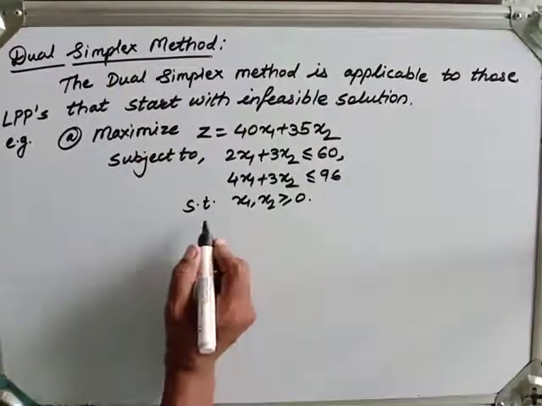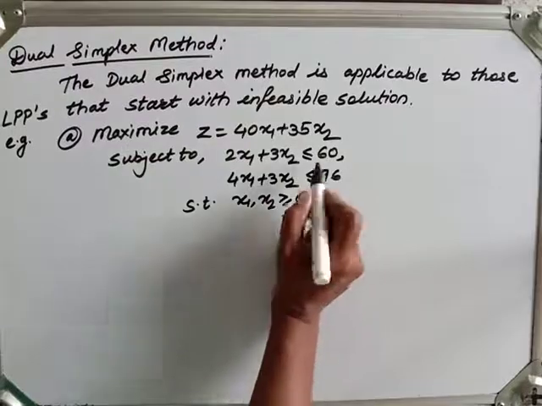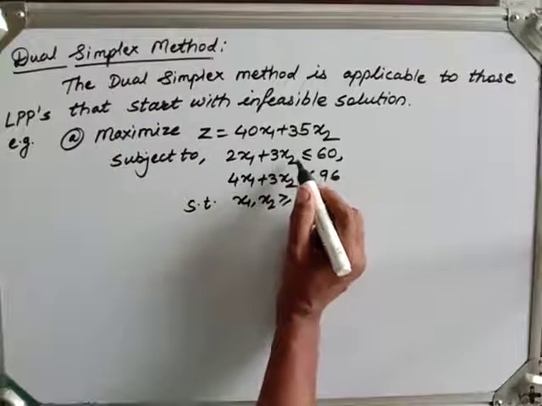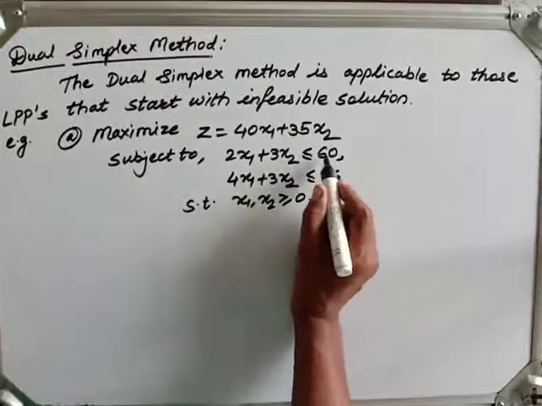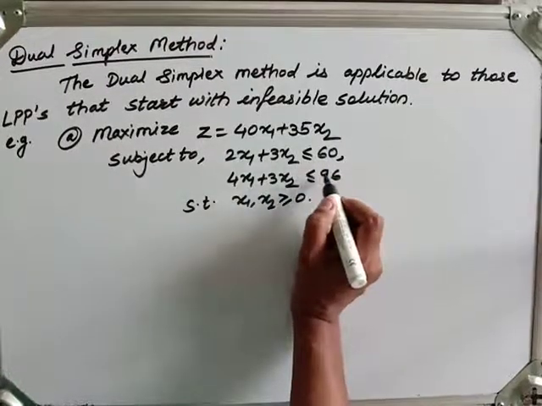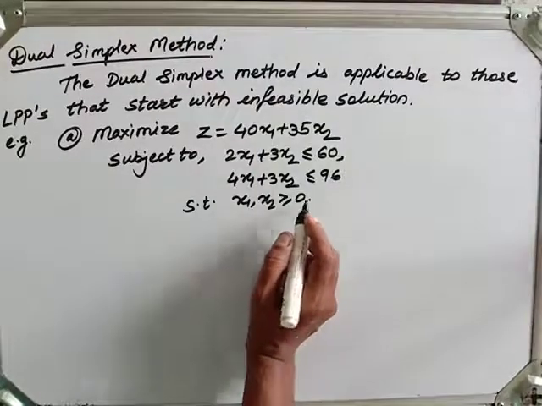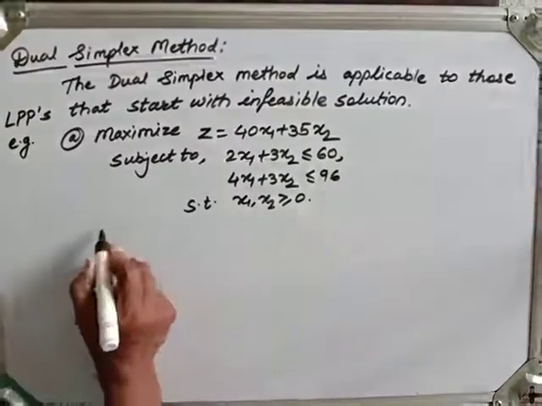Now here, as all constraints are of less equal type, when we reduce it into standard form we need to add slack variables. So here we can get the initial basic feasible solution.